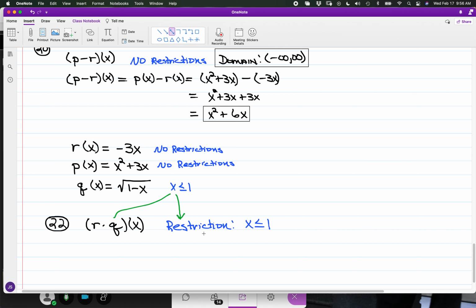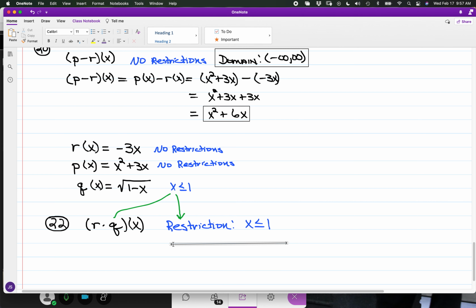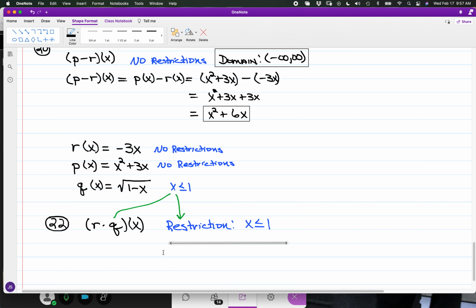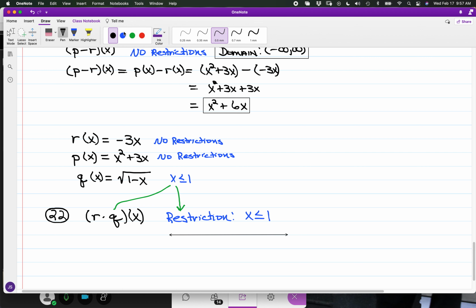And just looking at what we have on a visual basis. At 1, we have equal to 1, so 1 is included. Everything else is going to be less than 1.